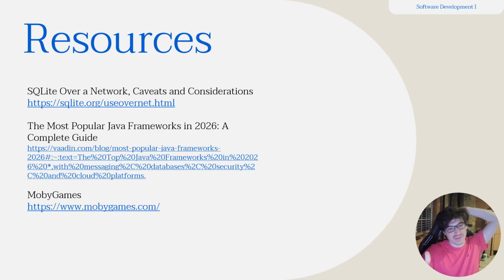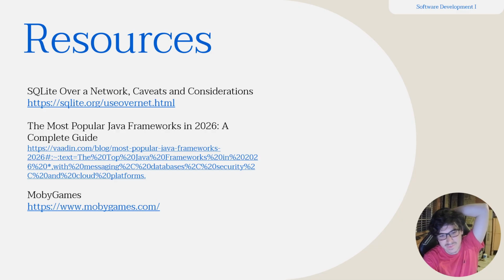So these are some of the resources I used to do some research. I looked at SQL.org, SQLite.org. They have recommendations for what tools to use for a server-client relationship, so I used that definitely.